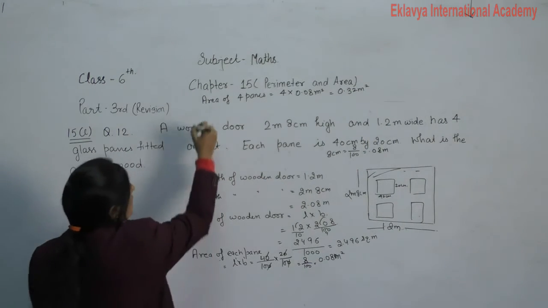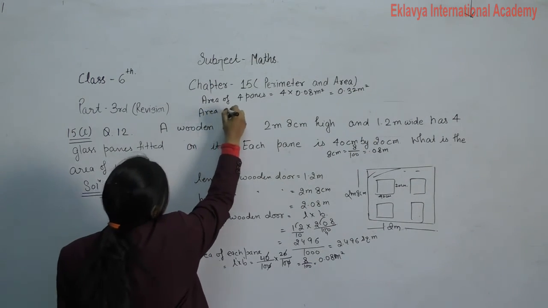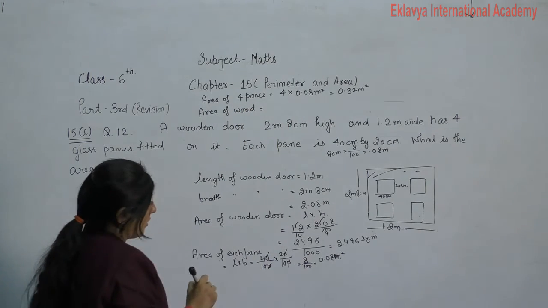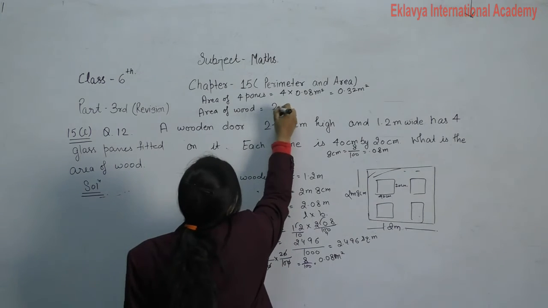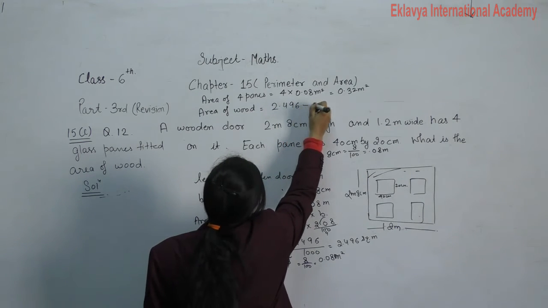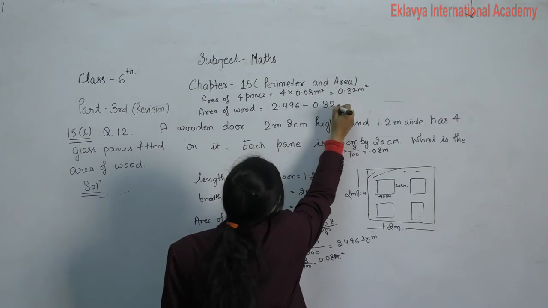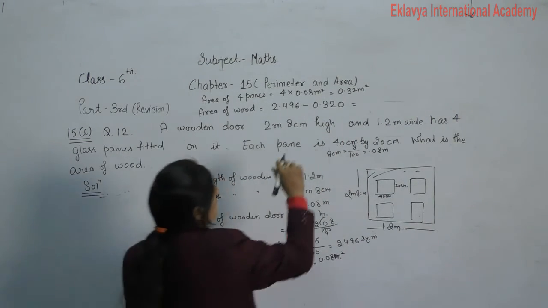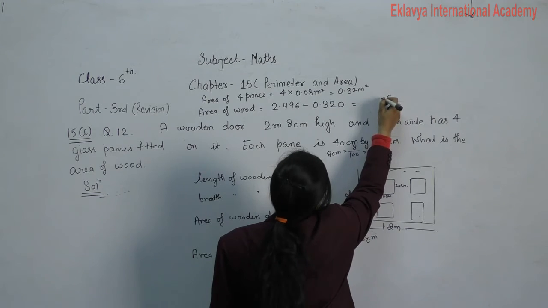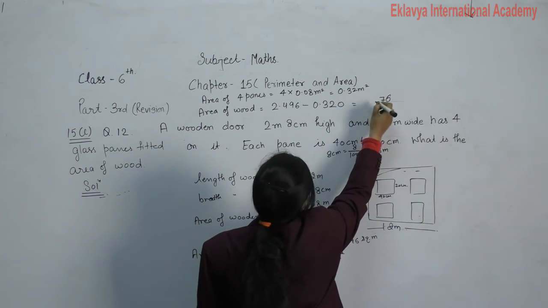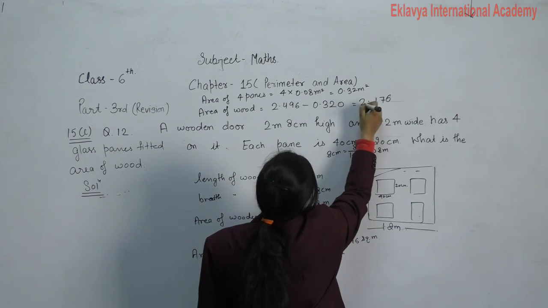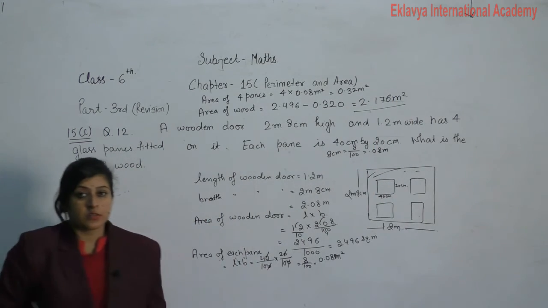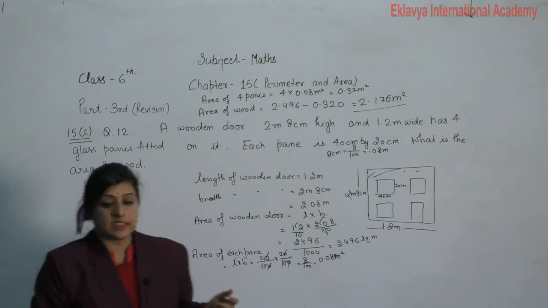Then area of wood is equal to area of wooden door, how much? 2.496 minus area of 4 panes. Then it becomes 6, 9 minus 2, 7, 4 minus 3, 1. It is this meter square. So you can find out like this.